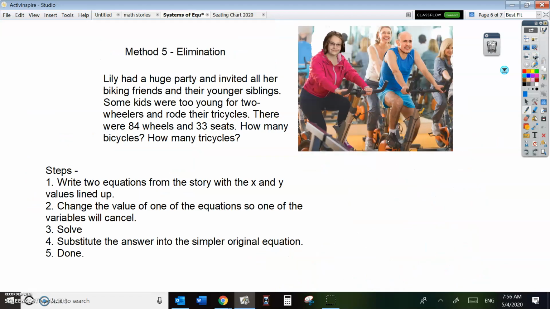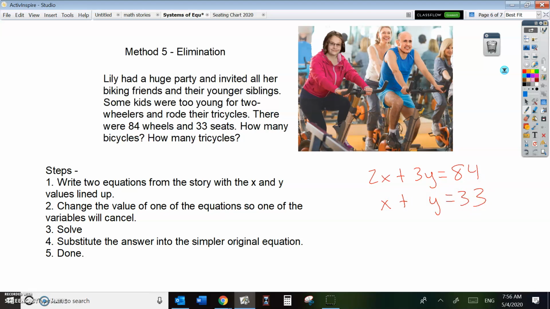My favorite method is called elimination, and it's the last one that I'll show you here. The steps for elimination are to write the two equations from the story with the x and y variables lined up. So we have 2x plus 3y equals 84, and then we have x plus y equals 33.